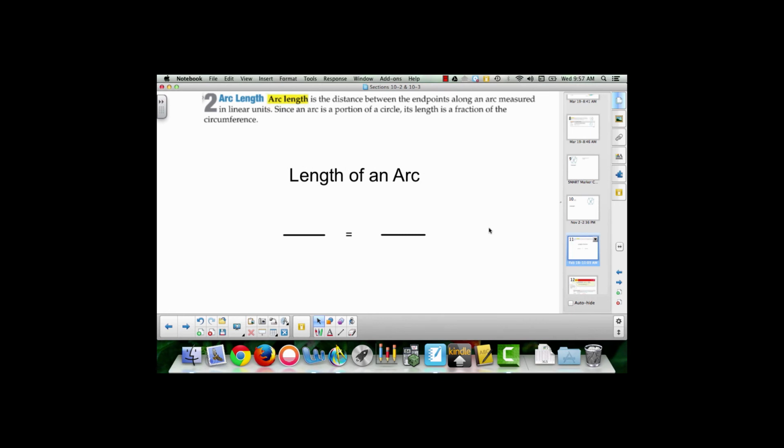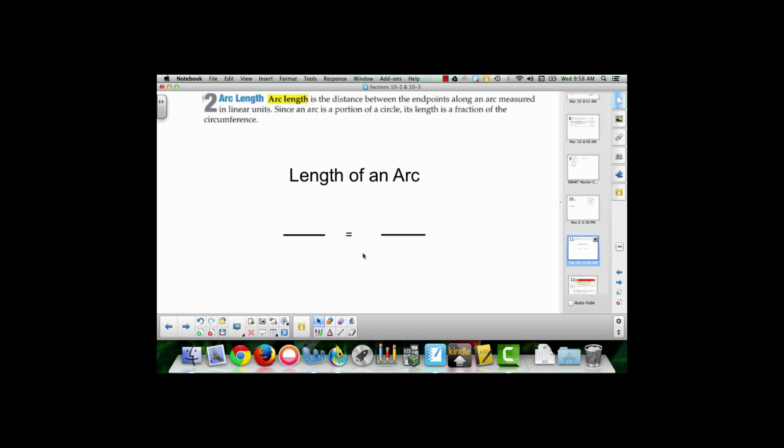Now let's talk about the other measure of arcs, the length. The length is the actual distance around the circle between the two endpoints. We're going to use a proportion to help us to figure out how to find the length of an arc. Remember, a proportion is 2 equal ratios.